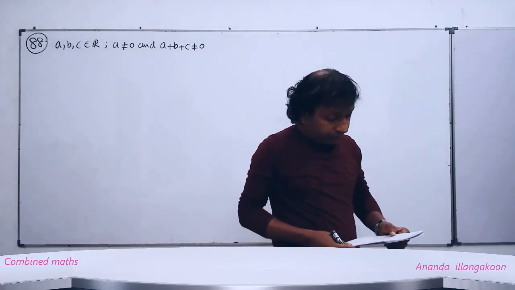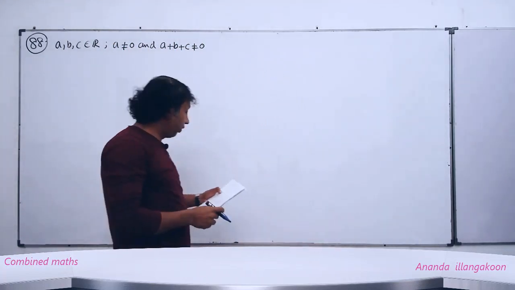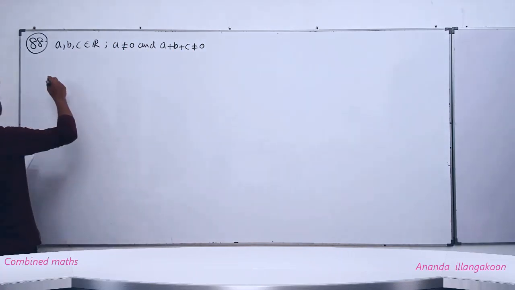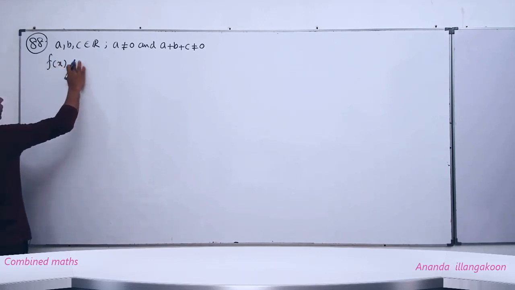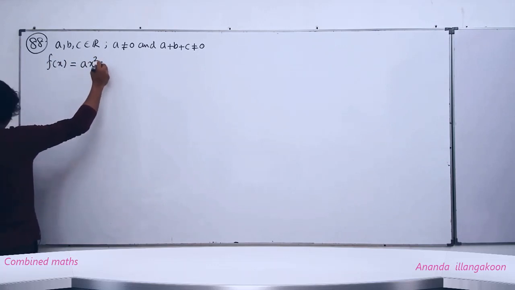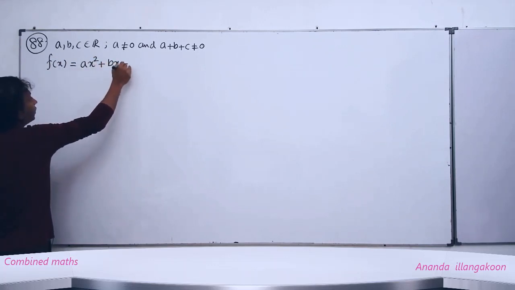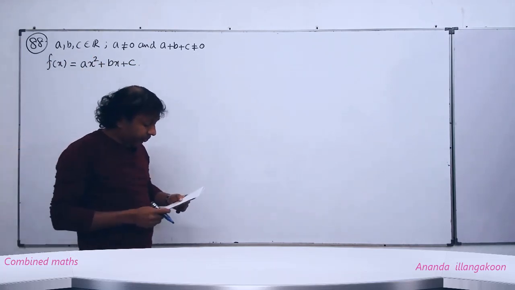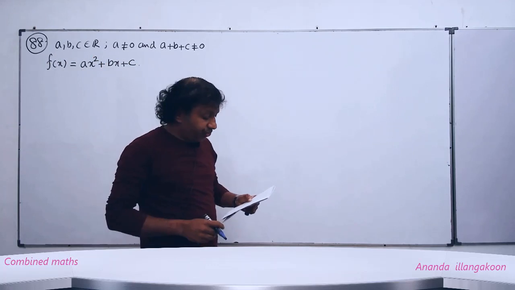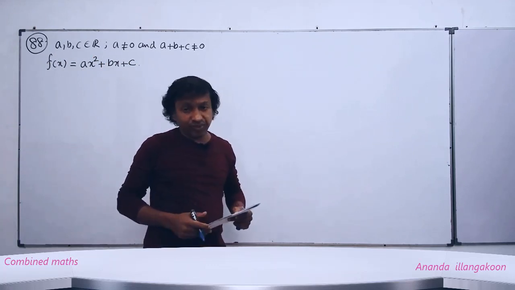And let f(x) equals a x squared plus b x plus c. Show that 1 is not a root of the equation f(x) equals 0.